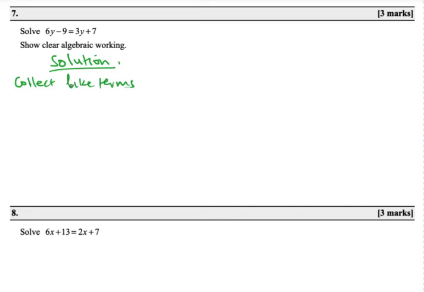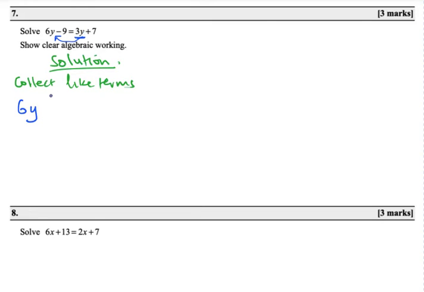Like terms are all numbers that have similar properties, and they are put on one side of the equal sign, not forgetting that each number that crosses the equal sign changes the sign in front of it. This is what will happen. On the left we shall have 6y, but then this 3y will move to meet the 6y because these are like terms.